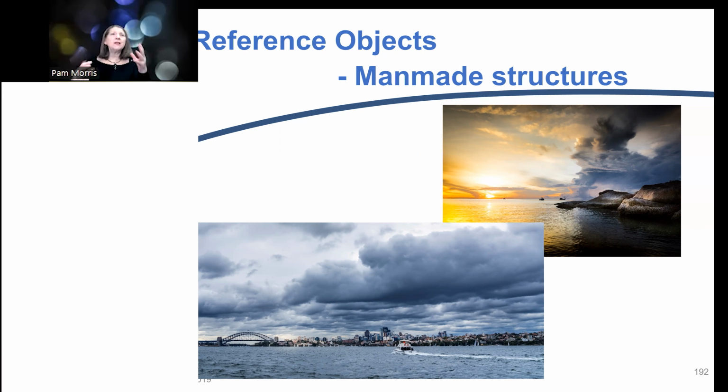The best way to get a concept of scale is that the massive Sydney Harbour Bridge is miniaturised, as are the buildings in Sydney, by these clouds. So that gives that sense of scale. And the same as the one up top, I was trying to give an idea of the clouds and the sky and the sunrise, and those little dots in the background there are boats. So it allows the viewer to get that sense of scale.